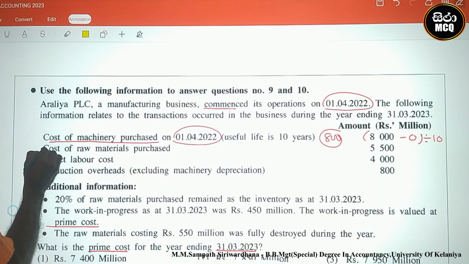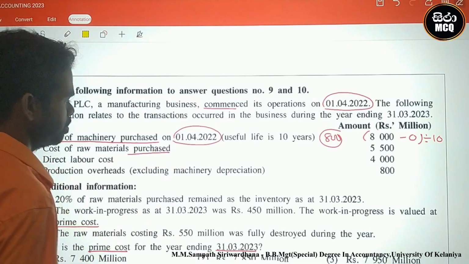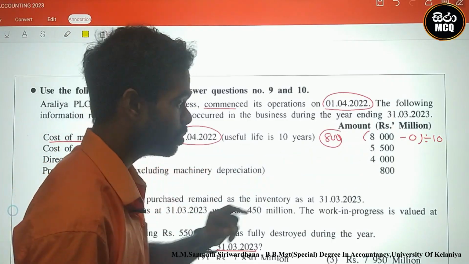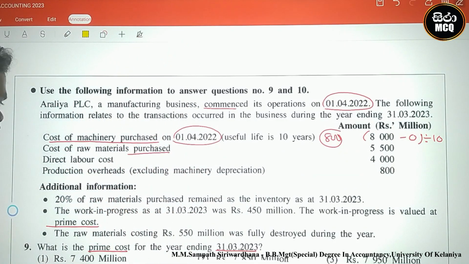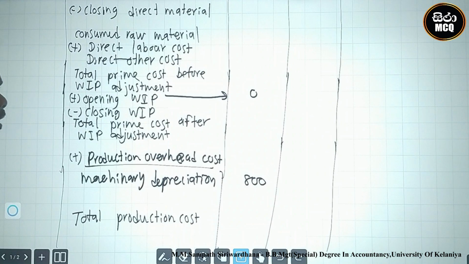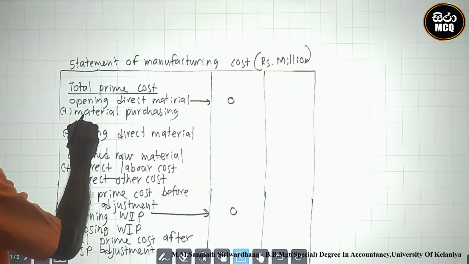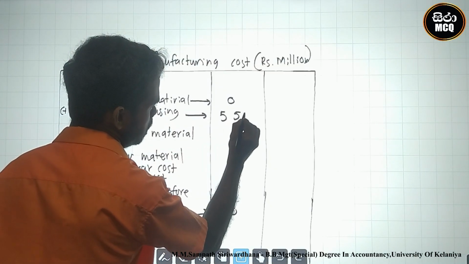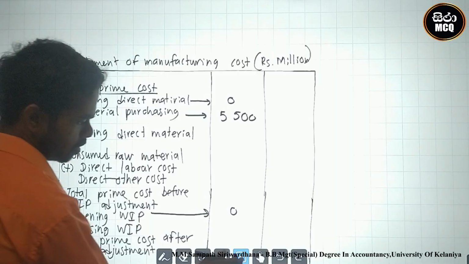Next one, cost of raw material purchase is 5,500 million. Material purchasing is 5,500 million. Okay, next one.